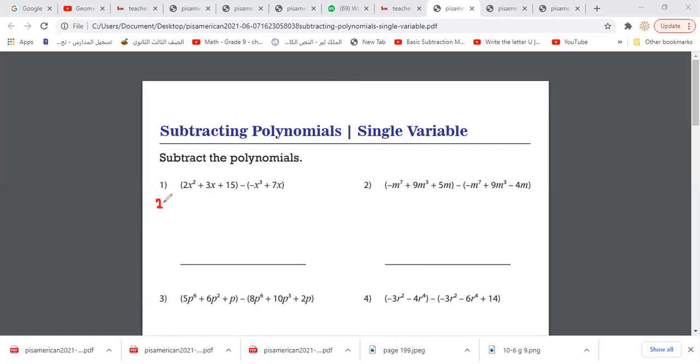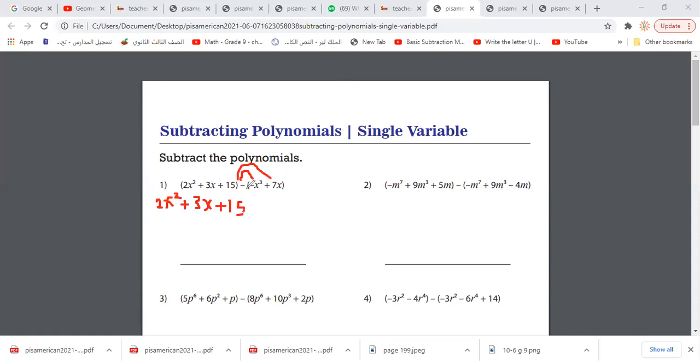Then it will be 2x squared plus 3x plus 15. And then we have here negative 1. Then we want to distribute it over the second parentheses.